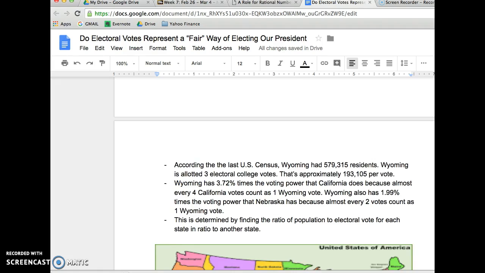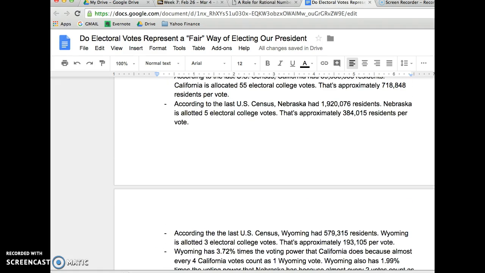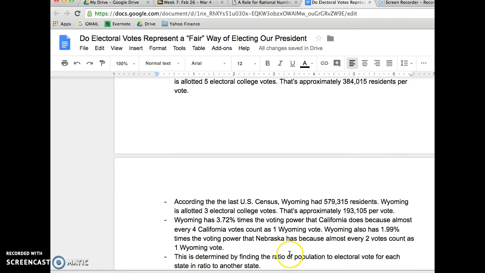And if you look at the other example, Nebraska had almost 2 million residents, and they're given 5 electoral votes. That's approximately 384,000 residents per vote. And then back to looking at it in reference to Wyoming, again, Wyoming has approximately 193,000 people per vote. So one Wyoming person is representative of 2 Nebraskans.